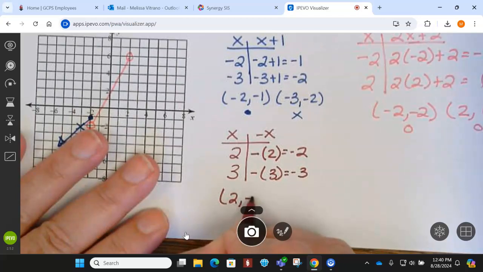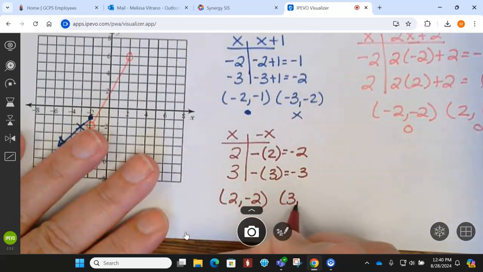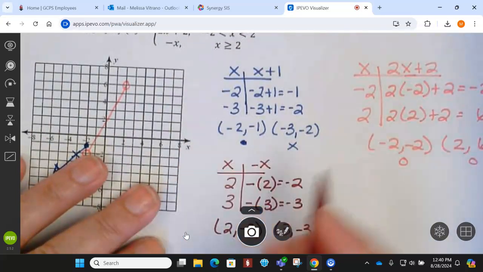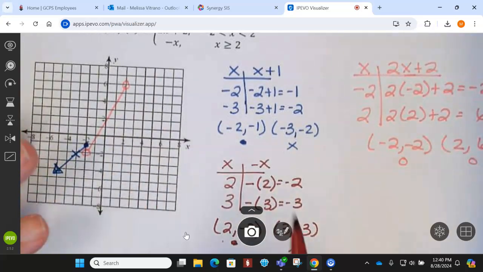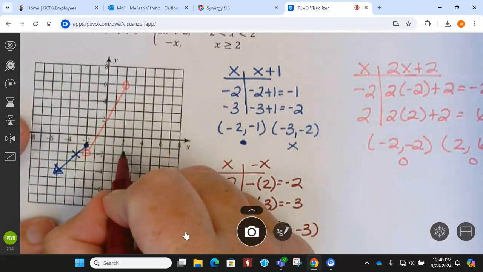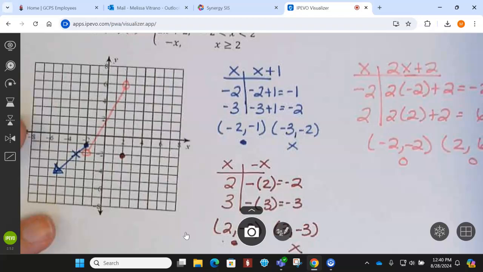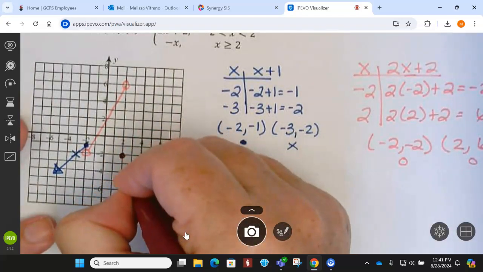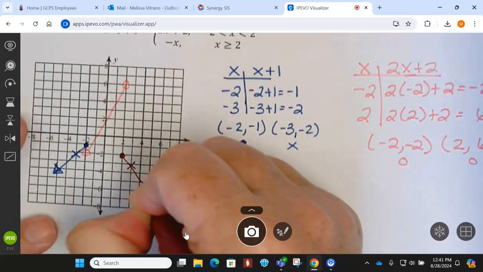So 2, -2 and 3, -3. Whoopsies. Closed. And then that 3 we came up with is an x. So 2, -2 closed. 3, -3. And there you go.